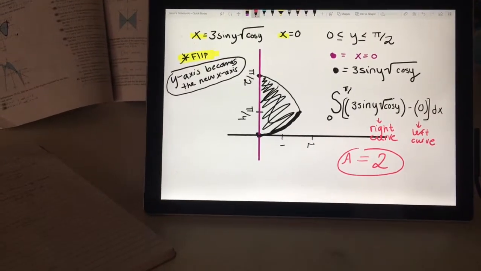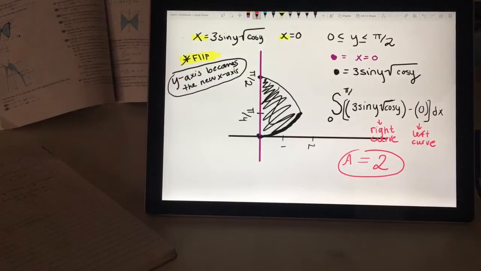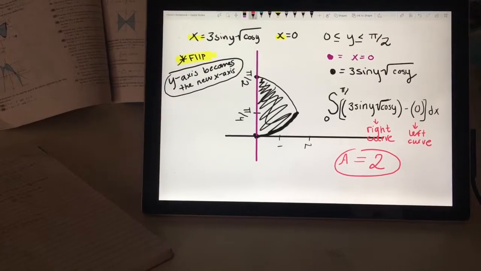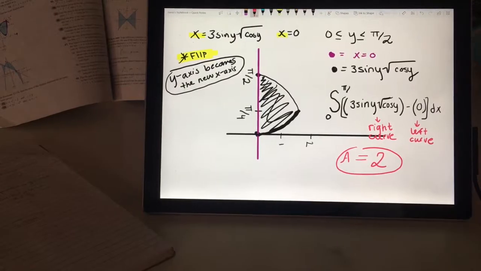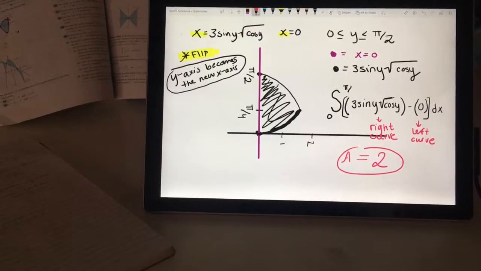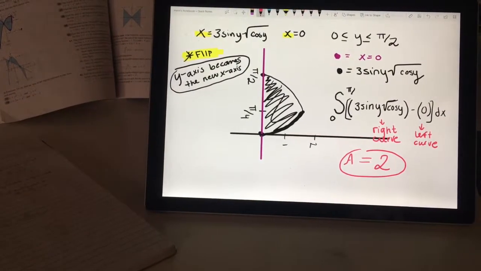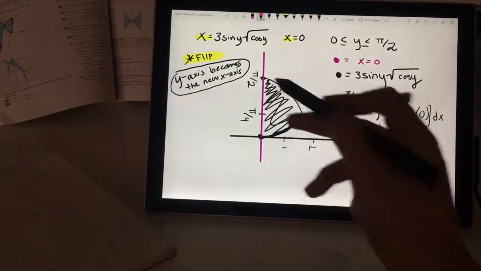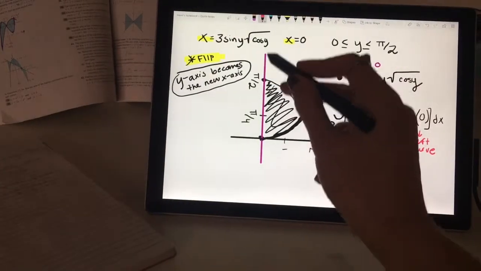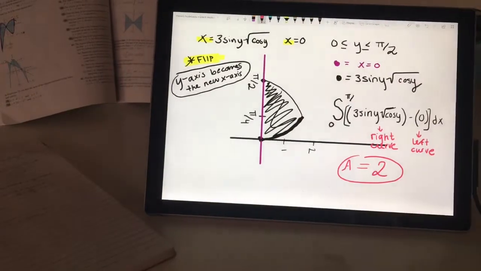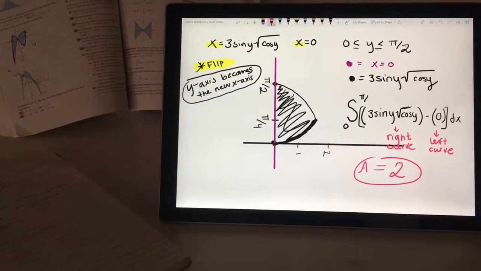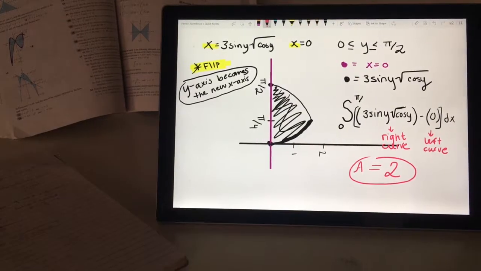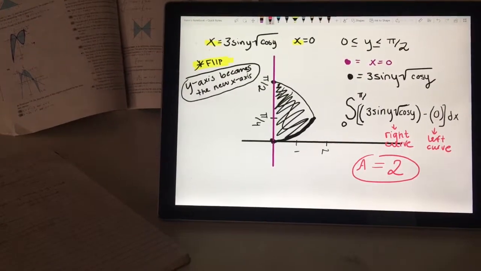What's weird about what they've given us in this problem is that it's x equals instead of y equals. This automatically alerts you that the y-axis is now the new x-axis. So these points, pi over 2, should go on the y-axis. I went ahead and did the graphing portion.